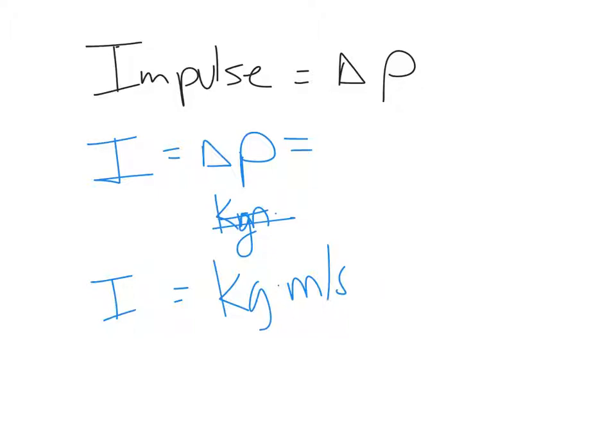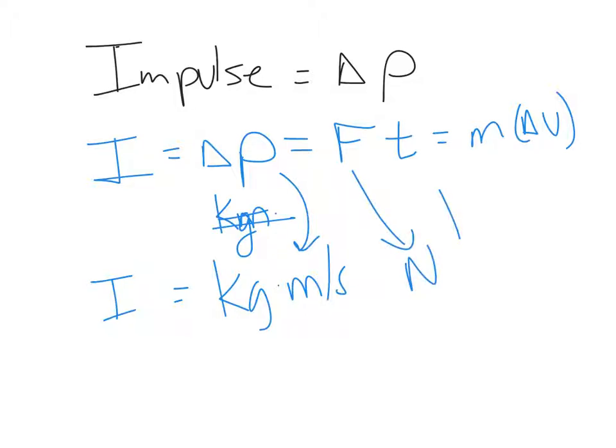But we can also see impulse being measured by the second part of its equation, that idea of force and time. So force is measured in newtons, and time is measured in seconds. So impulse can be defined as kilogram meters per second or newton seconds. So all of these can be used interchangeably.